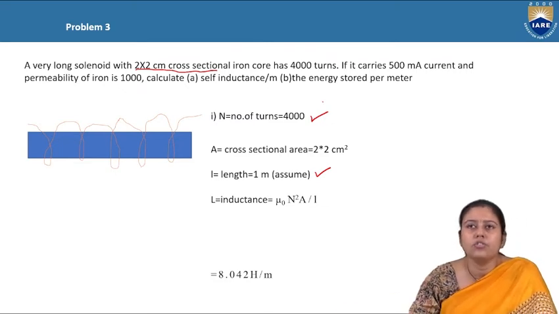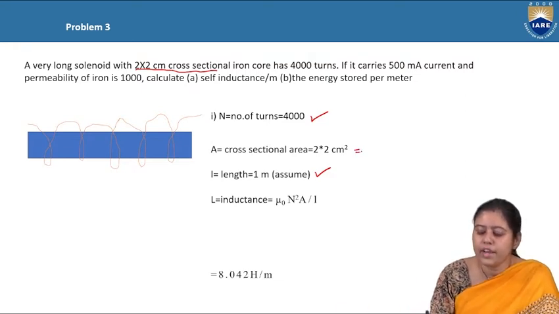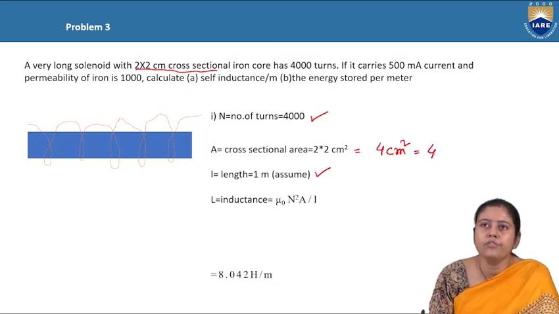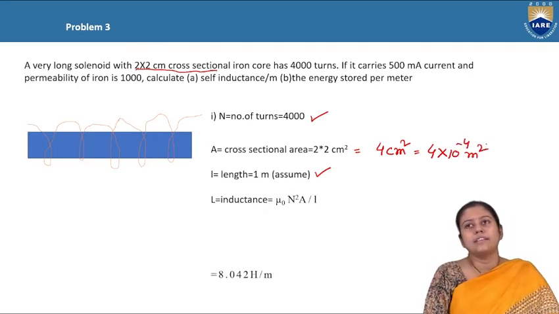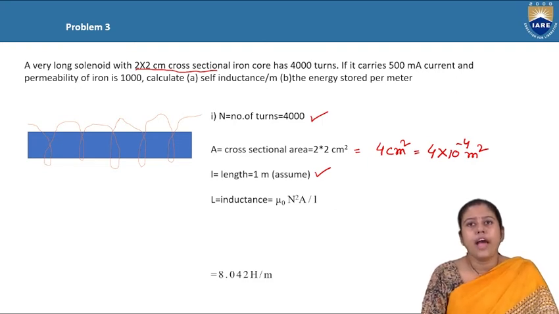A is equal to cross-sectional area. It is given 2 into 2 centimeter square, means we can write 4 centimeter square, or we can write 4 into 10 to the power minus 4 meter square. What is the length? As length is not given, we assumed the length is 1 meter.